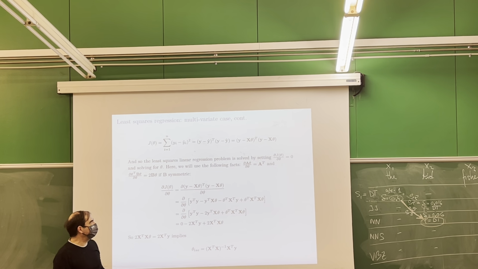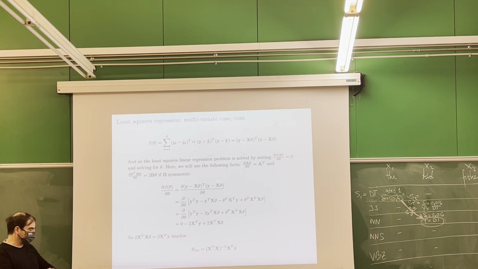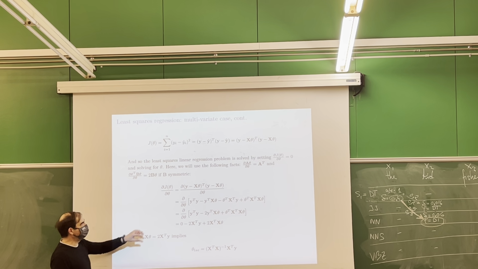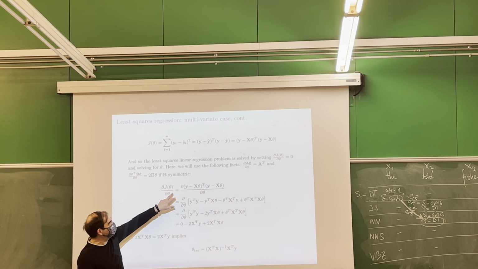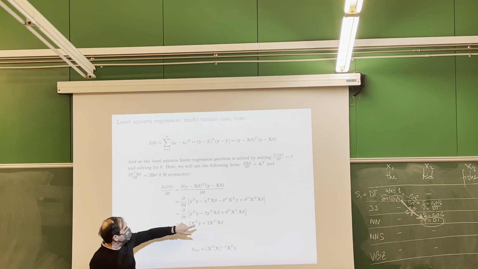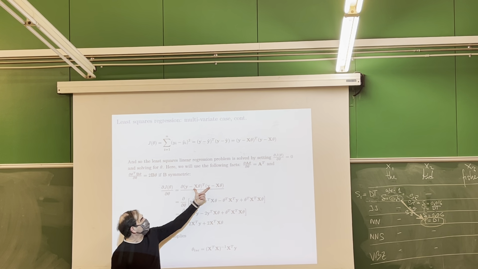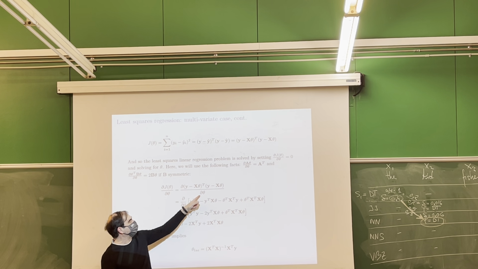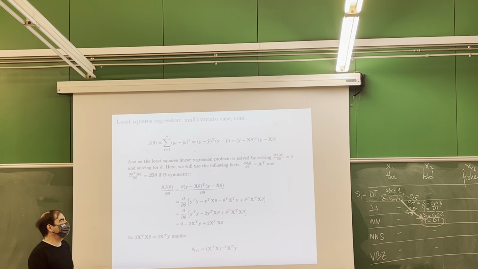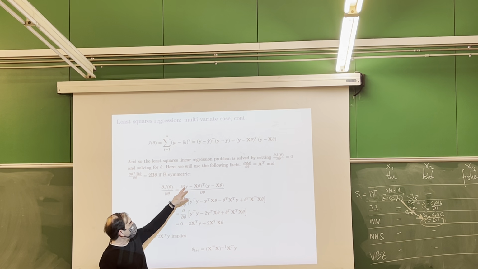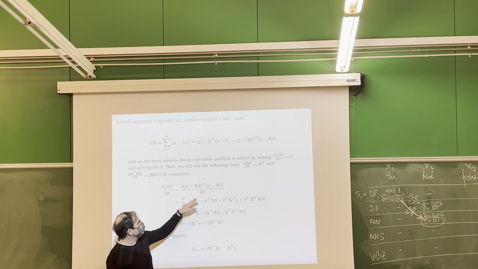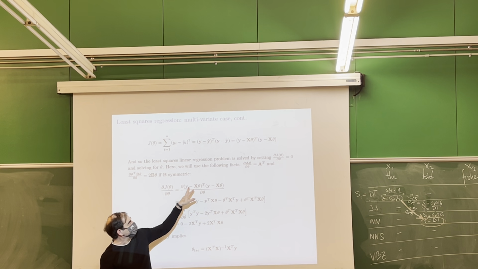So this is the derivative of the error function with respect to the parameters. This is the function, so this is what we want to differentiate with respect to the parameters. If you do this, you do the products before the derivation. This multiplied by x, and this is transposed.